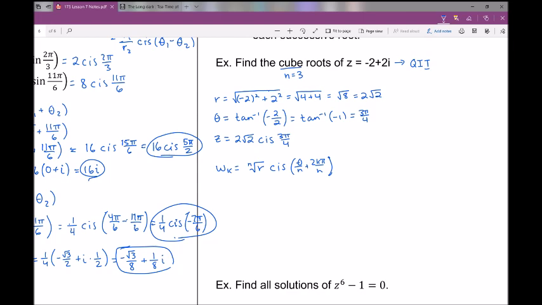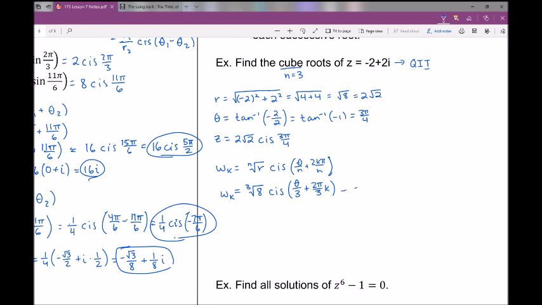First of all, in this case, we want the cube root, so let's plug in our numbers. So we have w sub k is the cube root of 8, cis theta over 3 plus 2 pi over 3 times k. So that's kind of our general formula in this case for all of our roots.